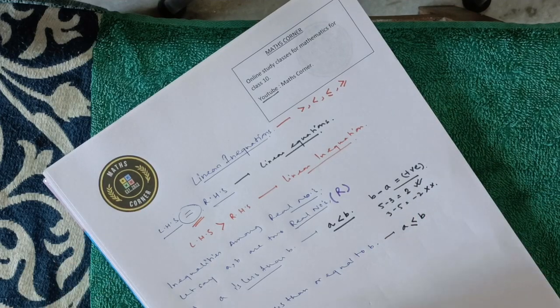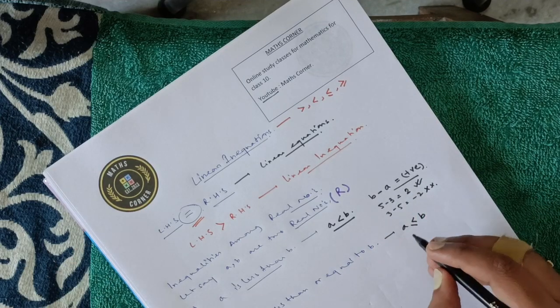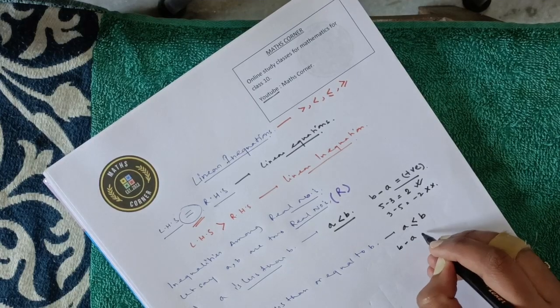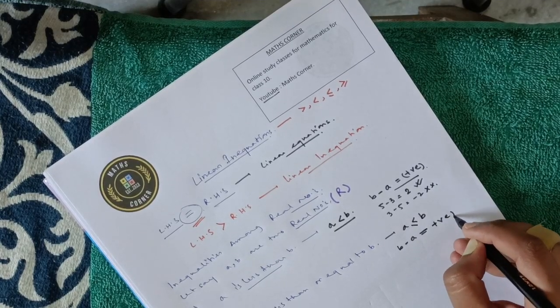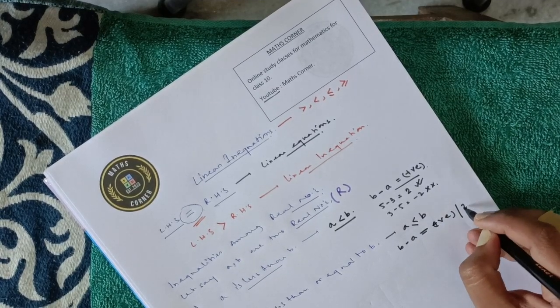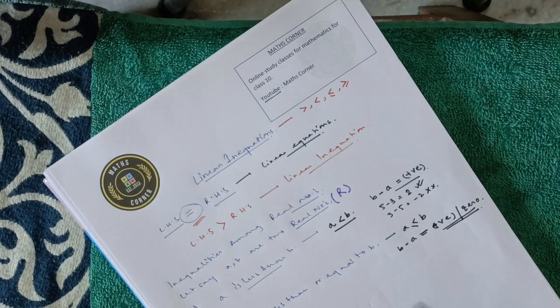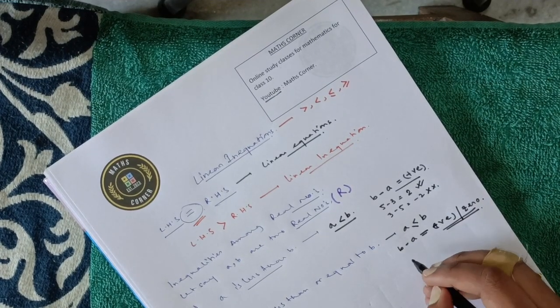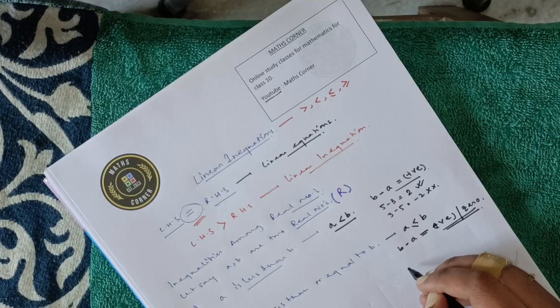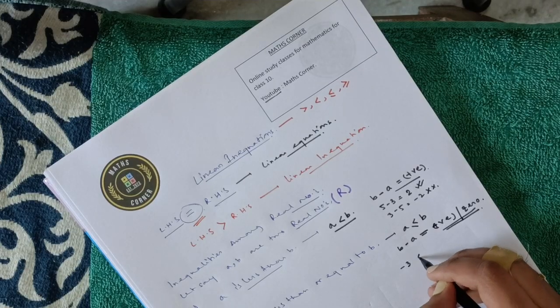For A less than or equal to B, B minus A will be positive or 0. Like say minus 3 less than 5.